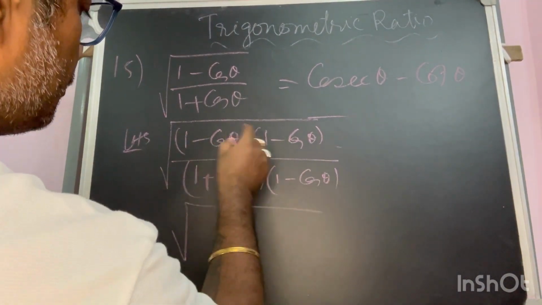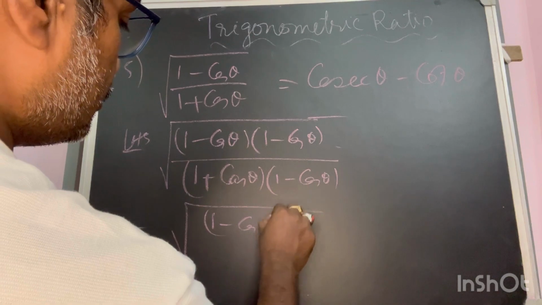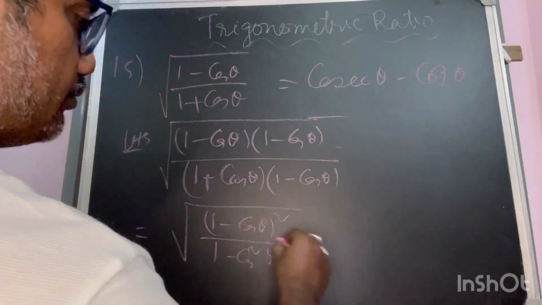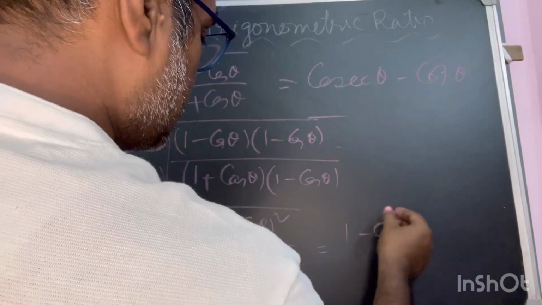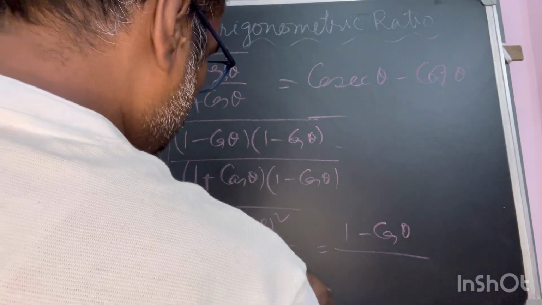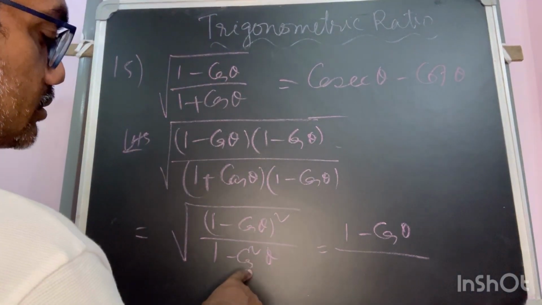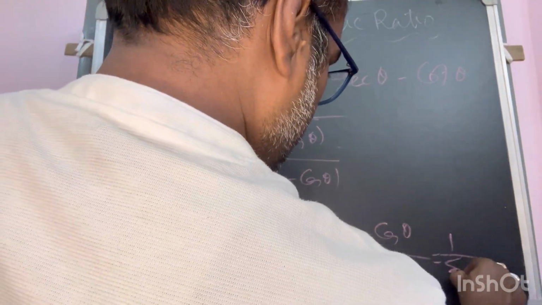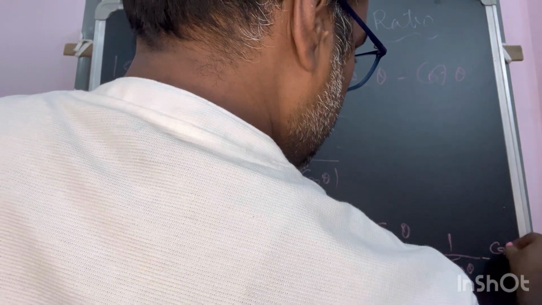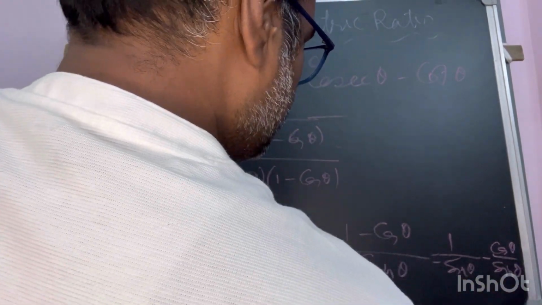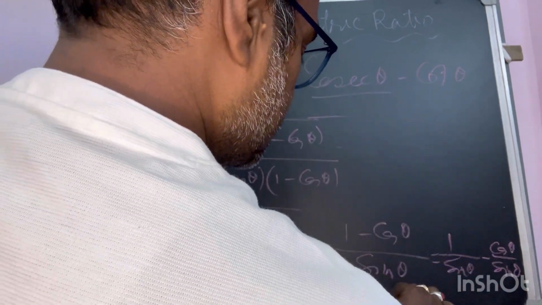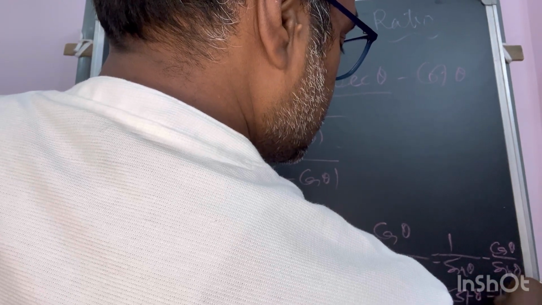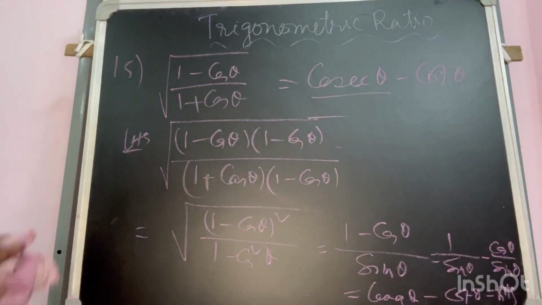So this will become 1 minus cos theta whole square divided by 1 minus cos square theta. So this will give you 1 minus cos theta, because it's a whole square, so the root will be obsolete. 1 minus cos square means sin square, so ultimately I will get 1 minus cos theta divided by sin theta, split into two parts, 1 by sin theta minus cos theta by sin theta. 1 by sin means cosec theta, and cos by sin means cot theta. So hence the right hand side is proved.